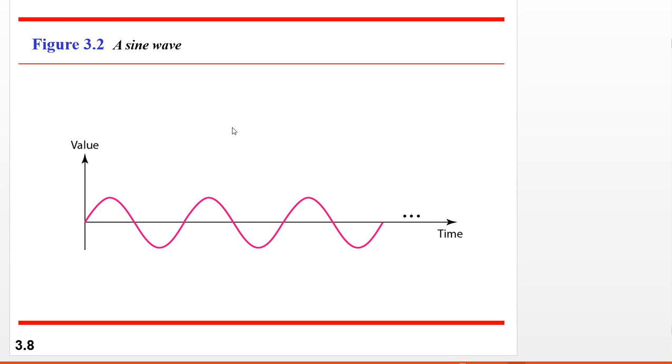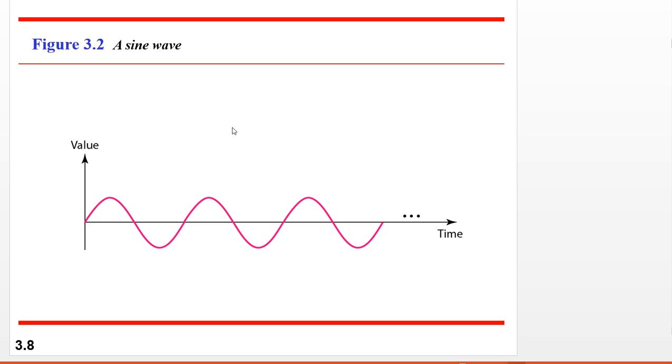And the sine wave is continuous and it is a smooth wave, and it has three parameters: peak amplitude, frequency and phase. The simple sine wave has three parameters: peak amplitude, frequency and phase.